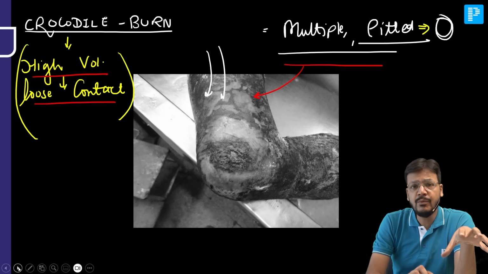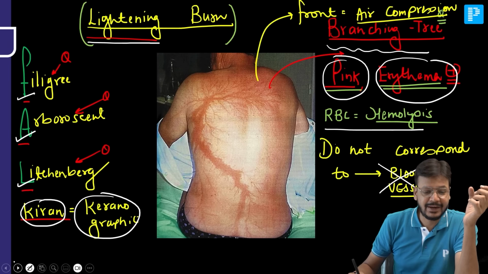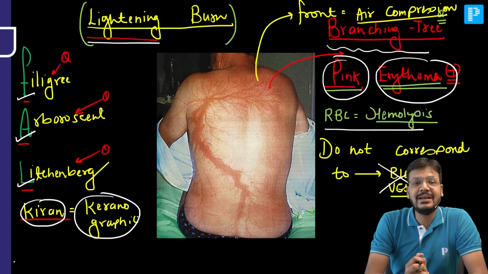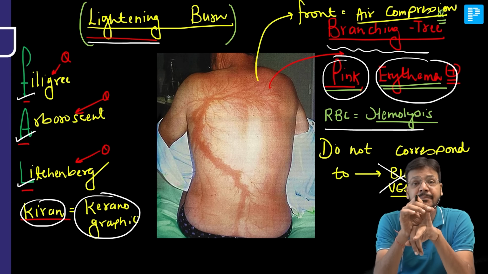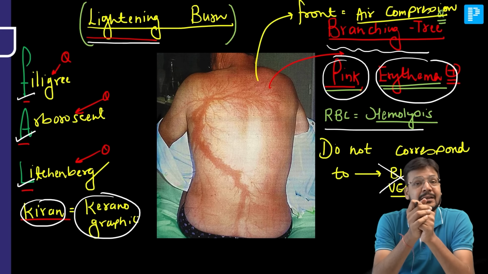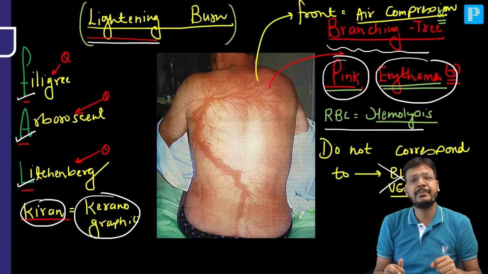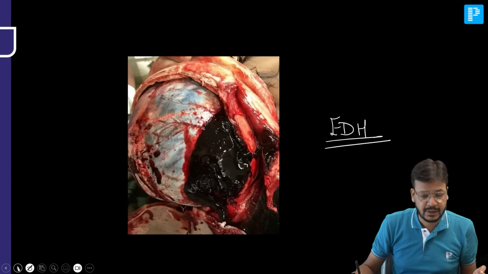Second, high voltage and loose contact causes crocodile burn, multiple pitted mark. And very, very important, bijli fall, lightning burn: F for filigree burn, A for arborescent burn, L for Lichtenberg, and kiran for keraunographic burn. These are the lightning burns. These are branches of the leaf pattern, my dear friend. Denaturation of the RBC, air compression is always in front. These do not correspond to the blood vessels.